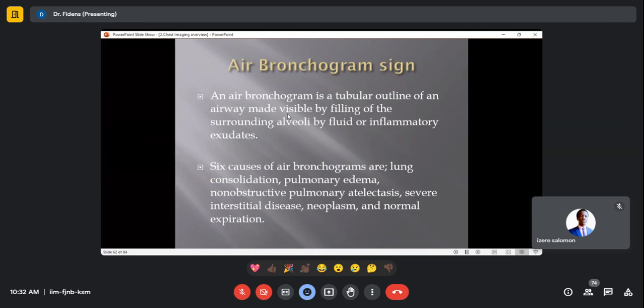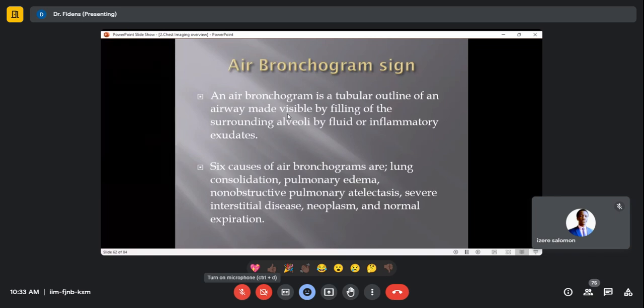It's a very important sign because it tells you that the opacity you are looking at is a collection in the lungs. Okay? Because if the opacity you are looking at is a solid mass, you can't see the air bronchogram sign, because the bronchi will not pass through the solid mass.